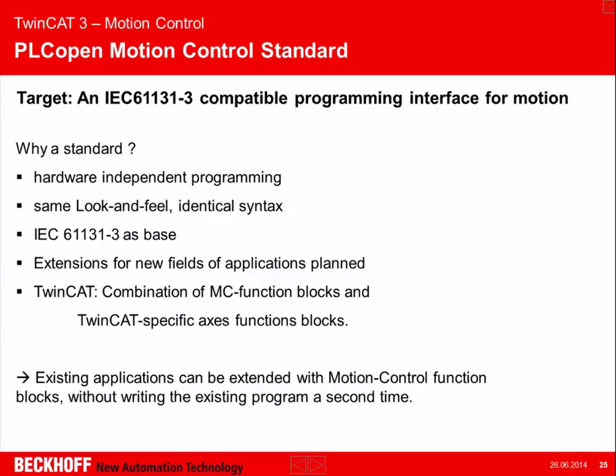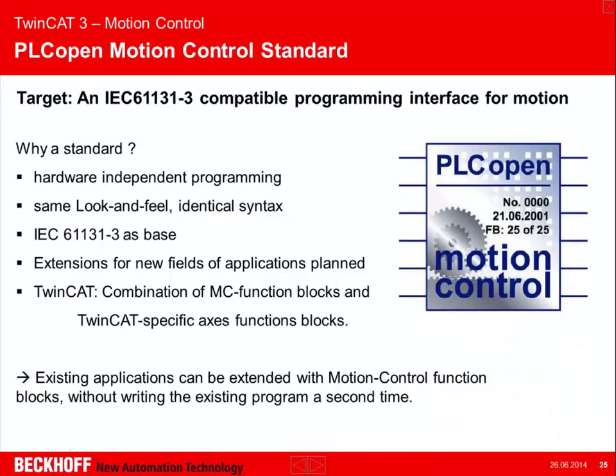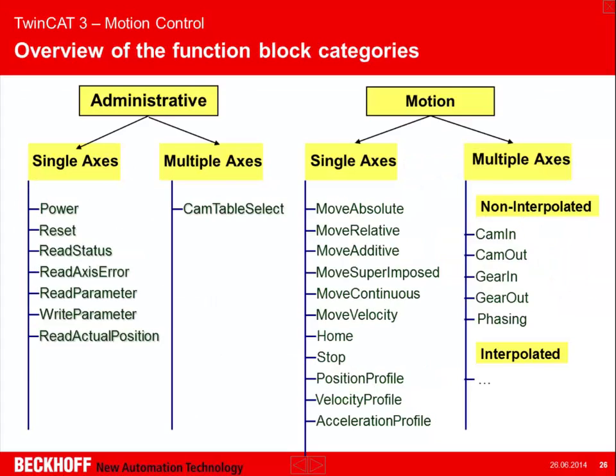We have more and more new functionality in the PLCopen motion control function blocks. We are standardized in the PLCopen group for our motion control applications for NC PTP, but also for the hydraulic axis. So we have two different products standardized in the PLCopen.